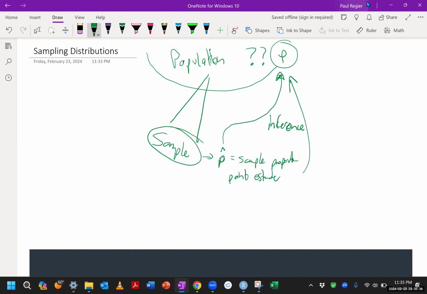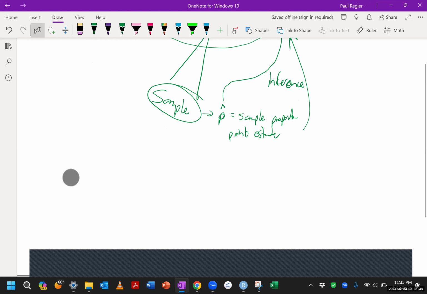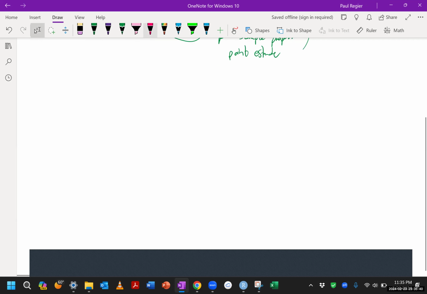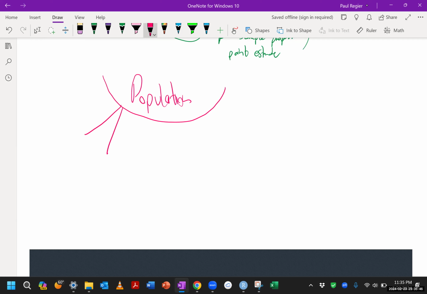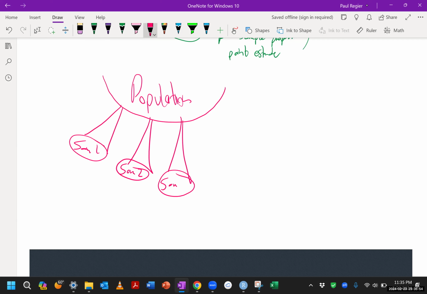But to understand inference, there's a related idea of sampling distributions. So here's what's going on with a sampling distribution. Suppose we have a population, and we don't just have one sample, but we have many. This is a very key idea. From all these samples, maybe I have 10 samples, 1 up to 10.